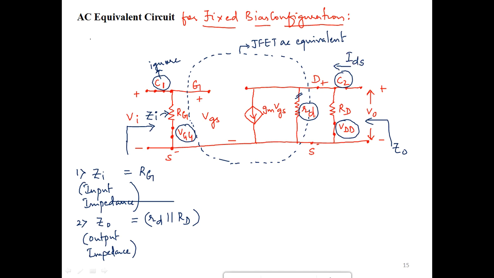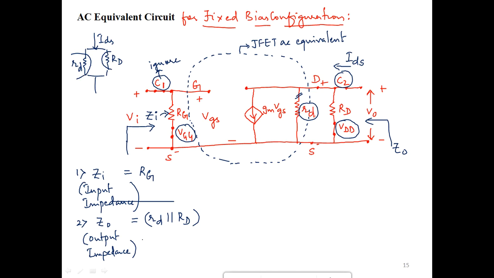Now, as a thumb rule, suppose a current IDS is flowing and we have two paths. One is the small rd path and the second is the capital Rd path. Usually this small rd, the output impedance of the JFET, is much larger when compared to the external resistor Rd.